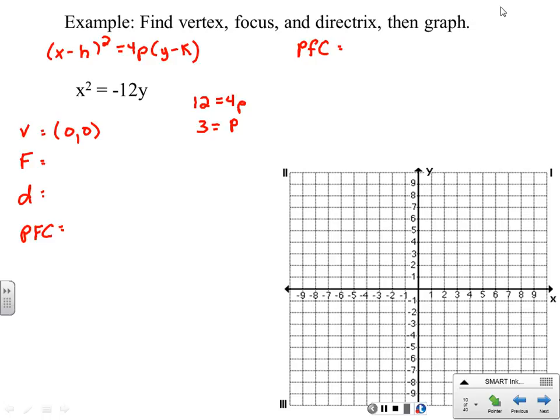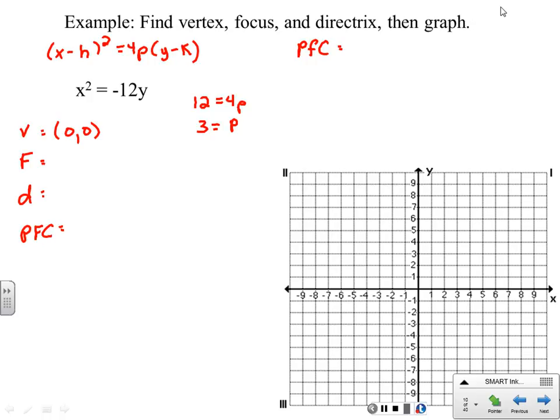Is it up or down? It's down. If that number in front of that Y grouping is negative, I know it's going down. However, if you're going to go straight off that formula page, you do need to know P is -3.